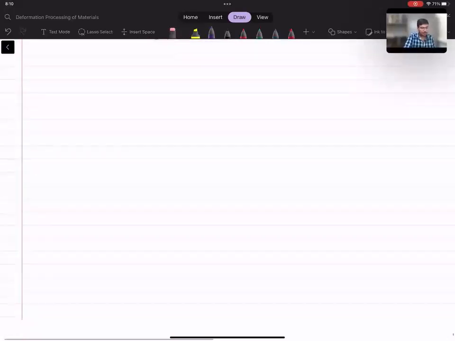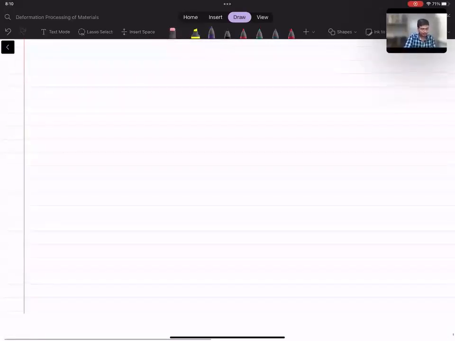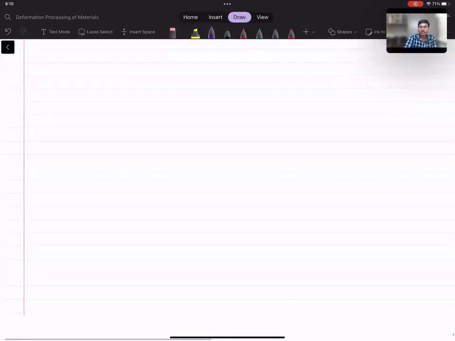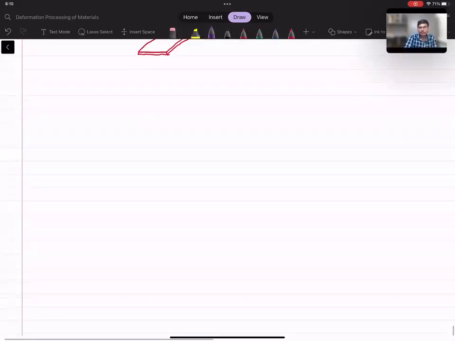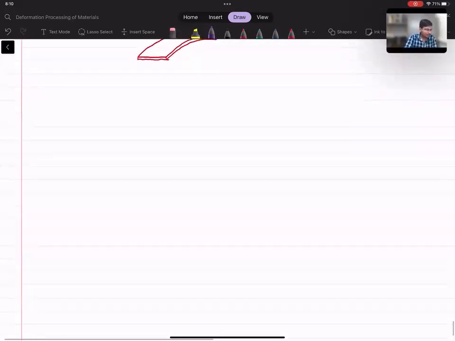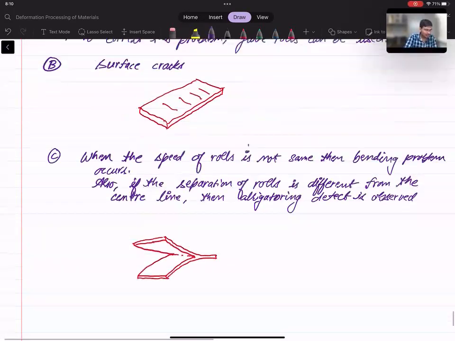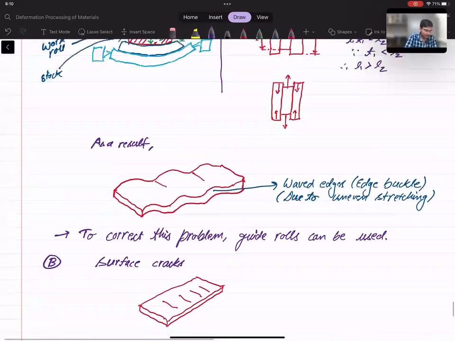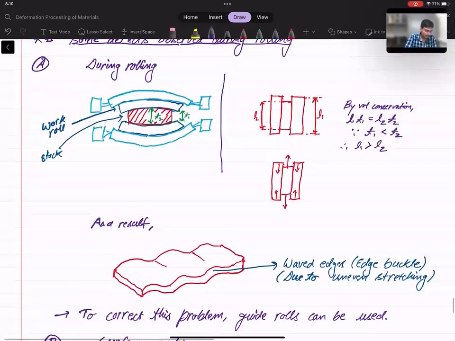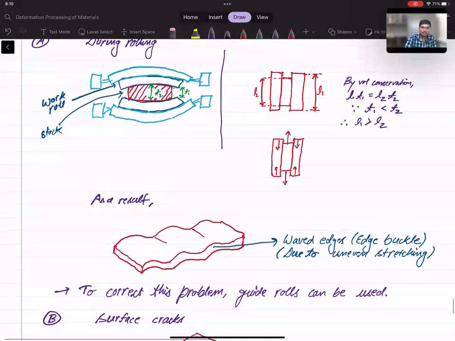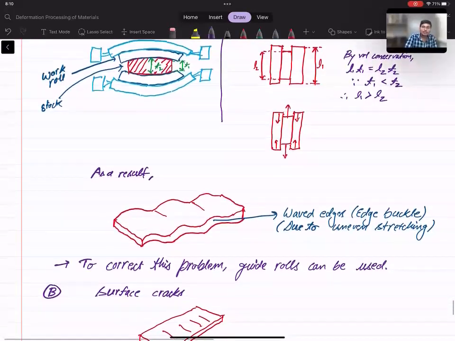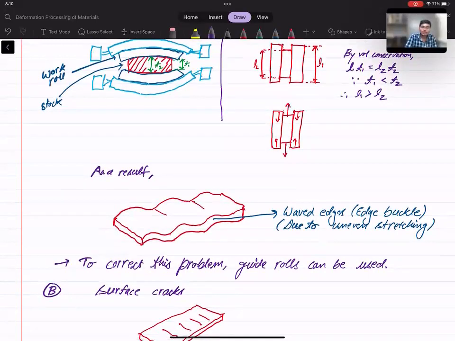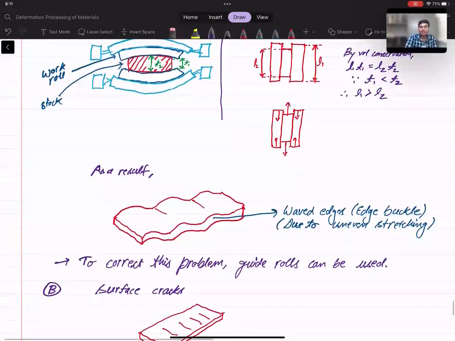So there may be conditions when the stresses are not uniformly distributed, like the one which was observed in case of this bending or distortion of rolls. But there may be uneven distribution of stresses in the transverse direction or lateral direction also.